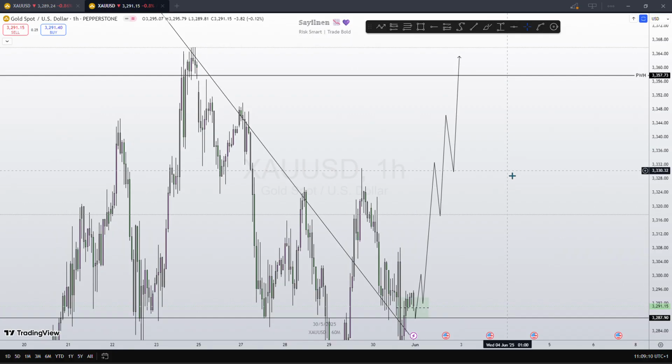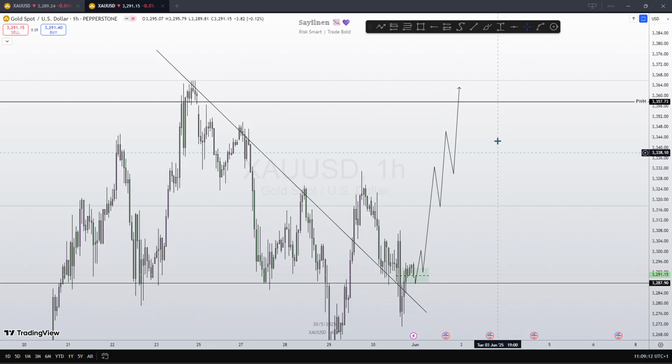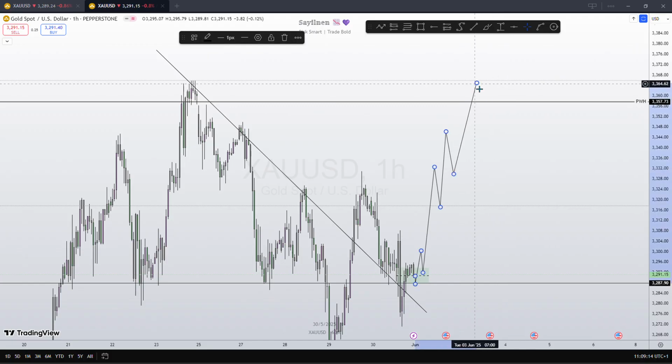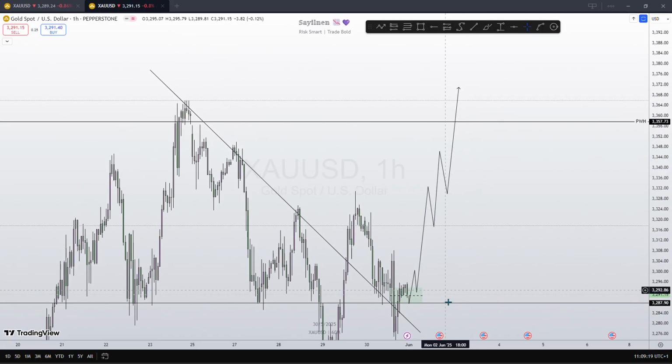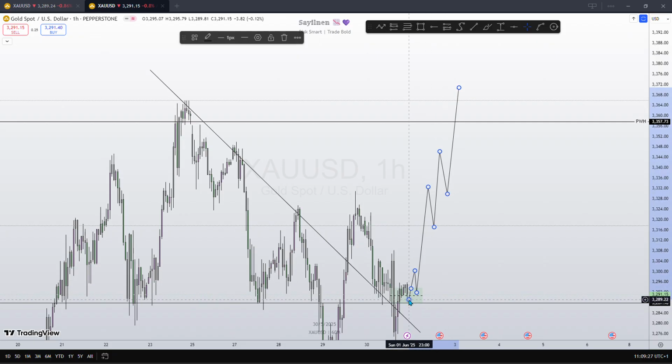I think this is a very, very obvious one that could play out. So from this midpoint of where price is currently, it is very, very important and key.